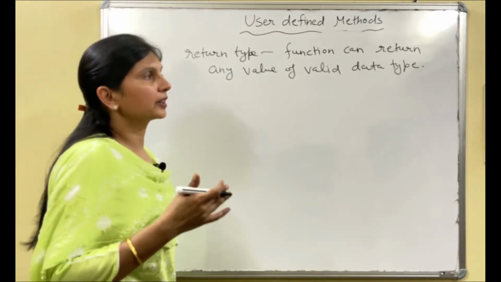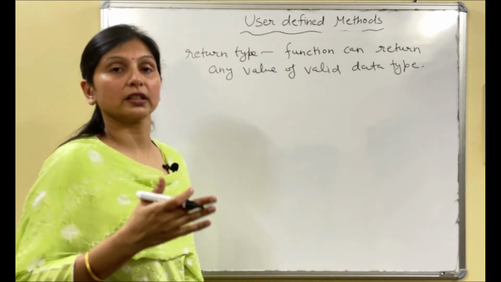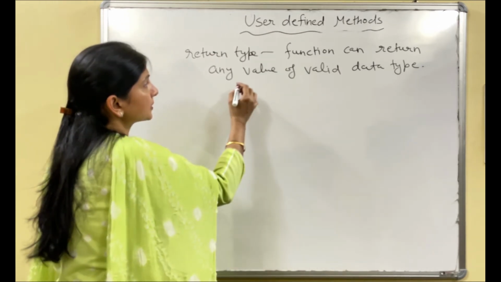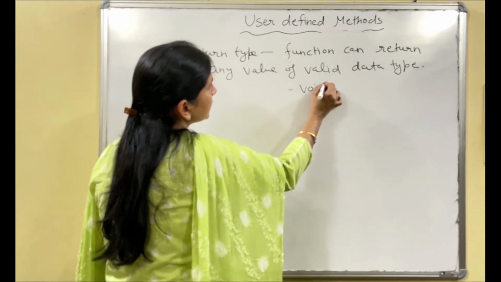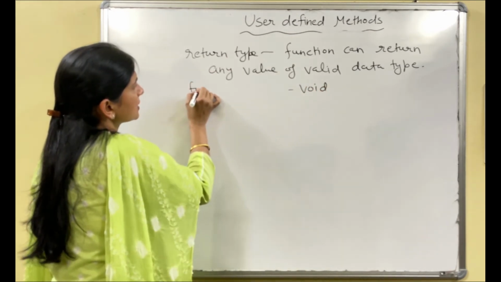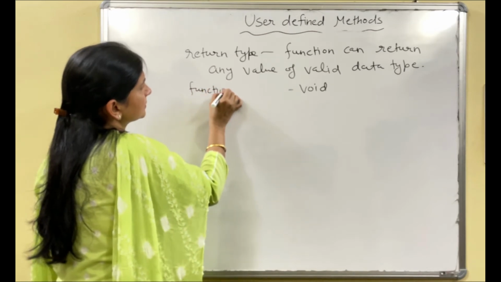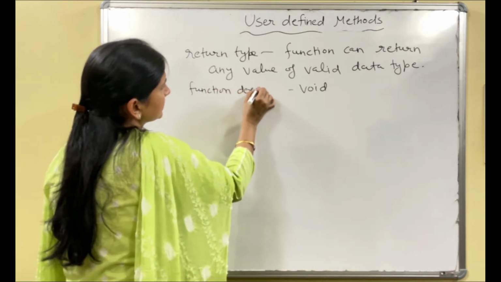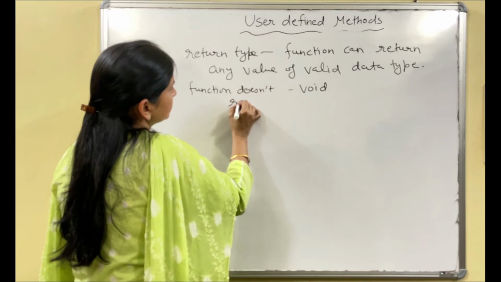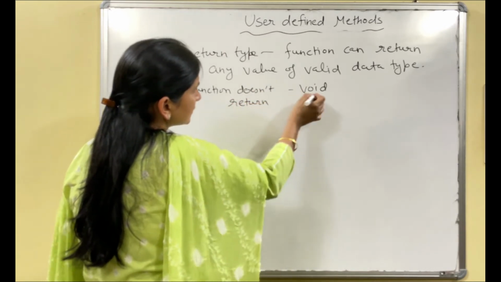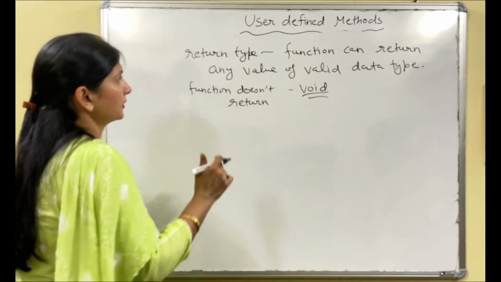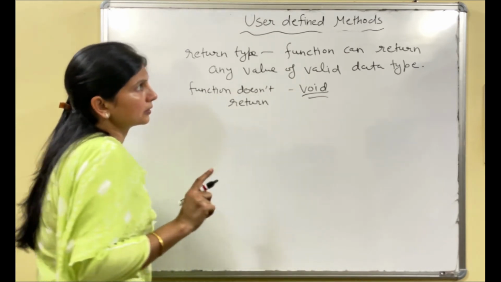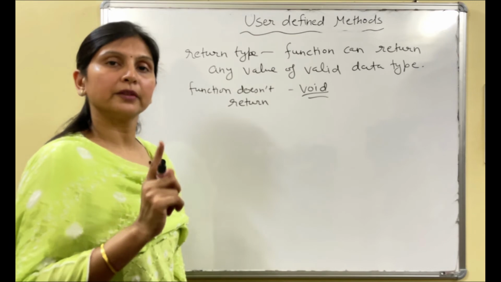And if a function does not return anything, then the return type will be void. Now a function can return only one value at one time.